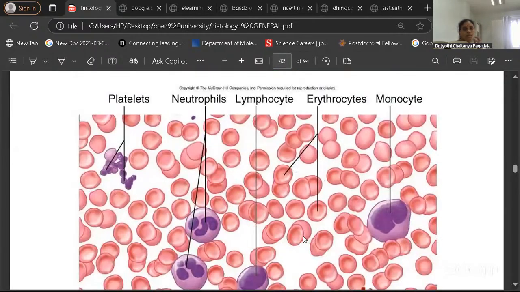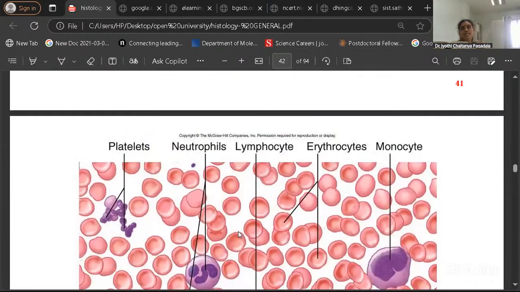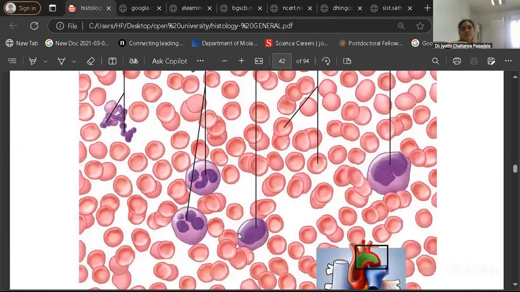You can see the simple difference. You can differentiate the platelets, neutrophils, lymphocytes, and erythrocytes with monocytes. You can see the nuclei of particular cells.